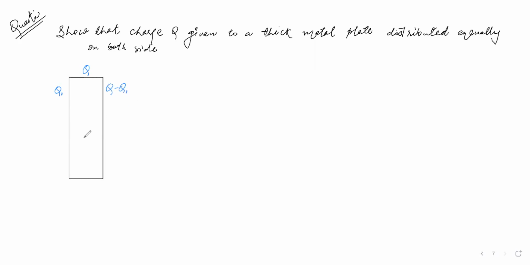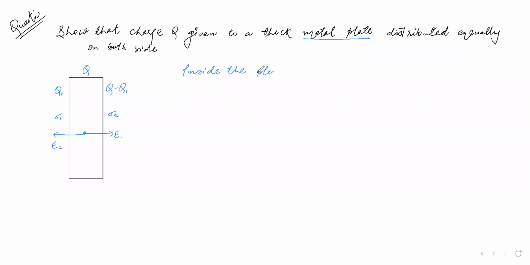Then can you tell me what will be the value of the electric field inside the plate? Because it is a metallic plate, and we already know that for a metallic plate, the electric field is always 0 inside. You can consider the density is sigma 1 for Q1 and sigma 2 on the other side.